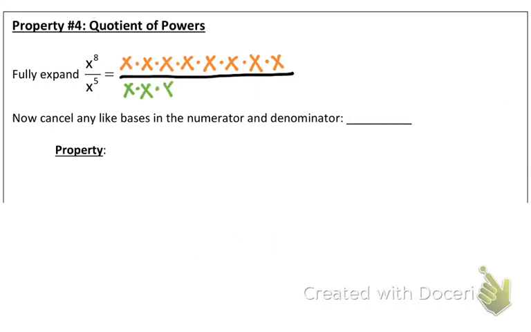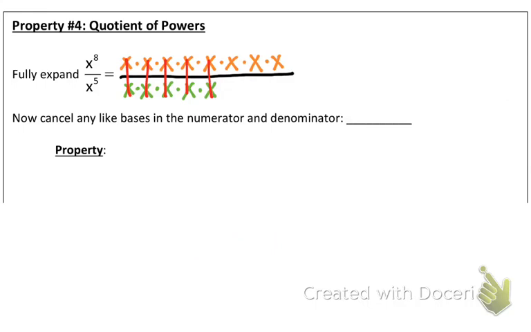So after we write our 5 x's, we are going to cancel any like bases in the numerator and denominator. So remember that when we're canceling, we cancel because we have like bases between the numerator and denominator. Whenever we have an x over an x, that will simplify to be 1. So those cancel, our second pair, third pair, fourth pair, and fifth pair.